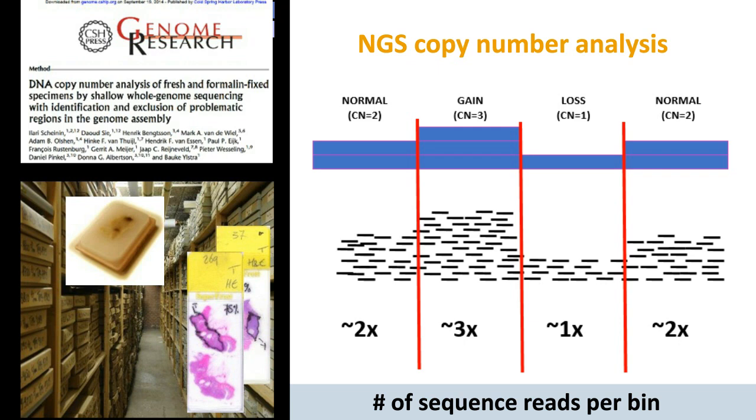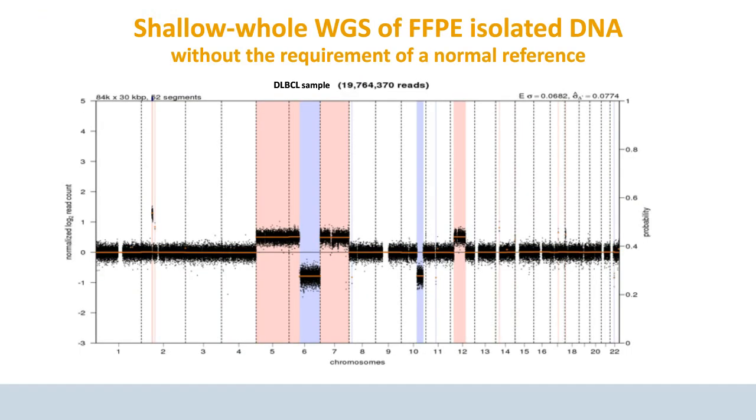And here we see the result of such a whole genome sequencing of FFPE isolated material. And I have to point out here, we do not use reference signals. We use the reference genome from the internet just to map our sequences to, but we don't use a normal reference.